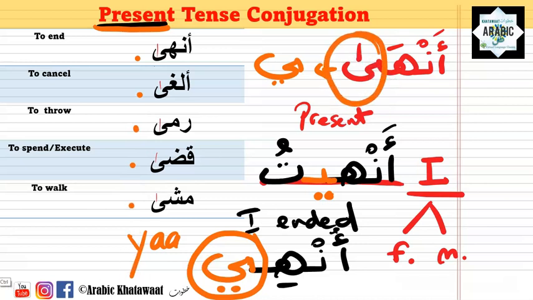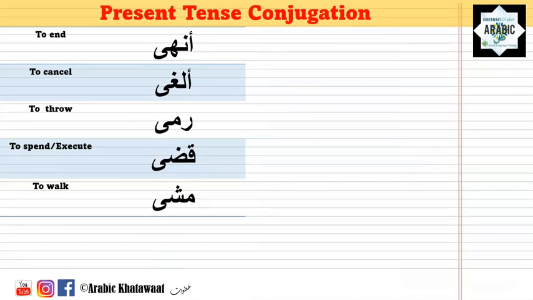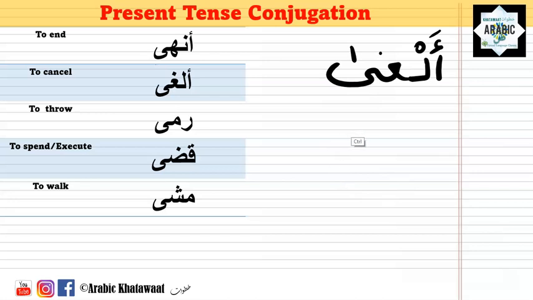We'll look at a few more examples again. So my second verb is algha, cancel. And I will adapt the exact same strategy where I will say I cancel. And I would keep ul, ألغي.